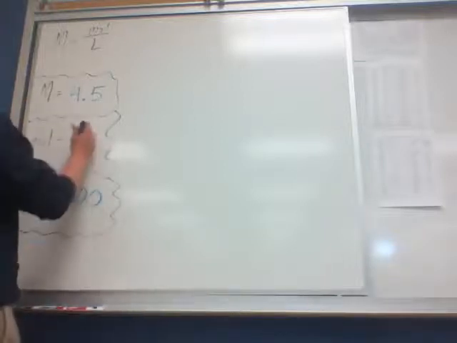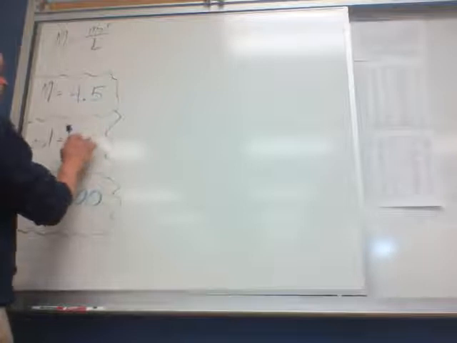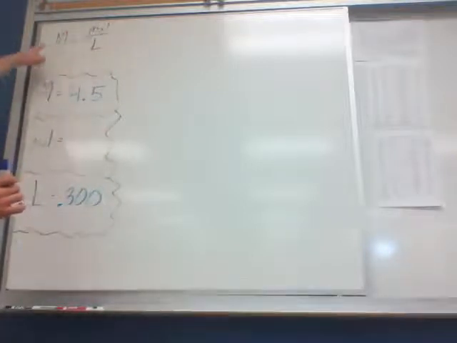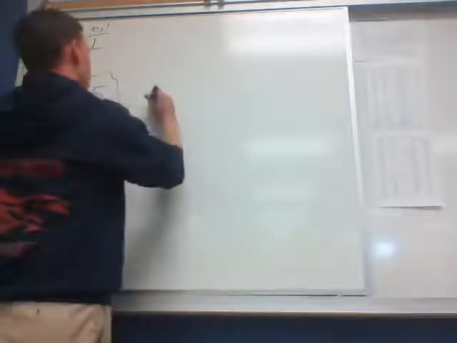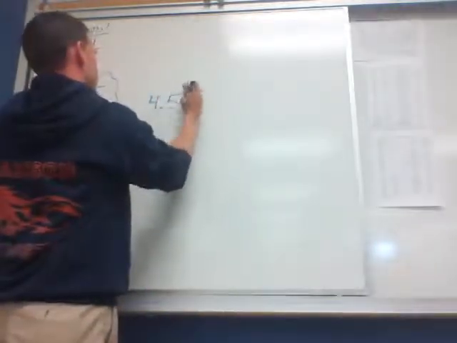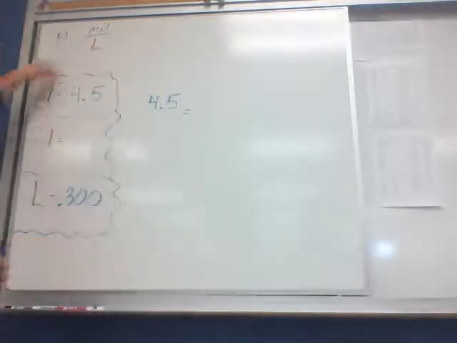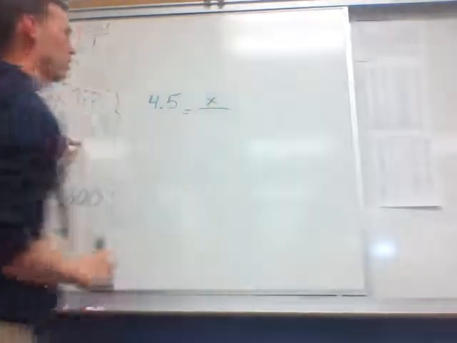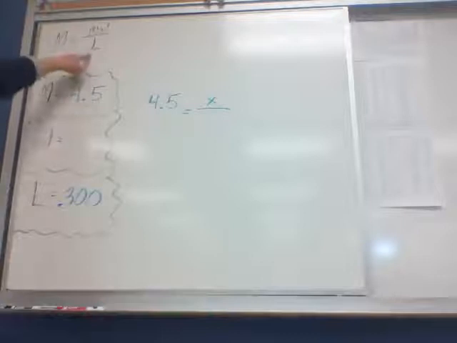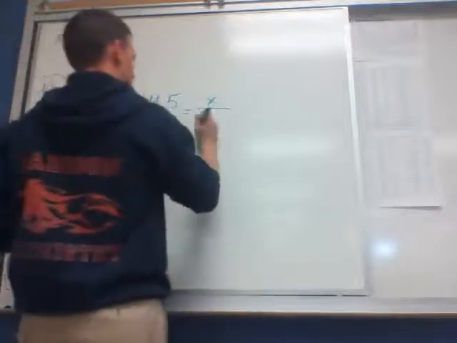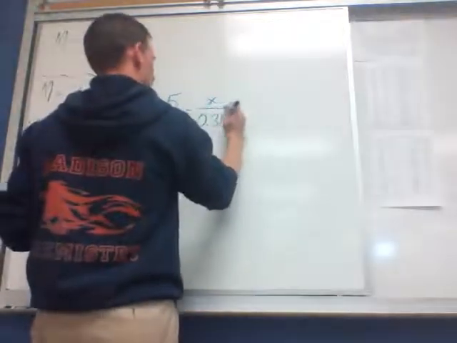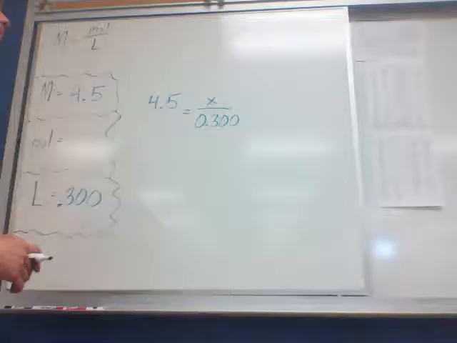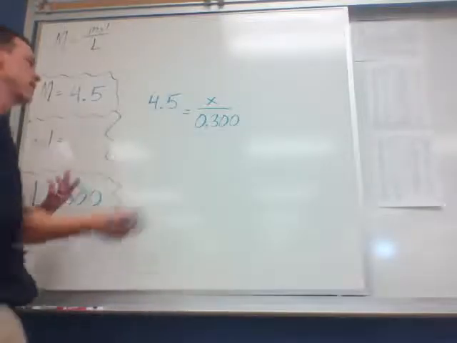So let's go ahead and we can solve for moles. Let's find this value. All right. There's our equation. I've got a big M is 4.5. Moles is the only value that they have not given us. And I have a volume of 0.3. You can algebraically solve this a couple different ways.